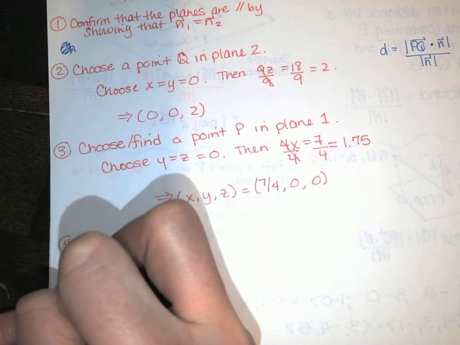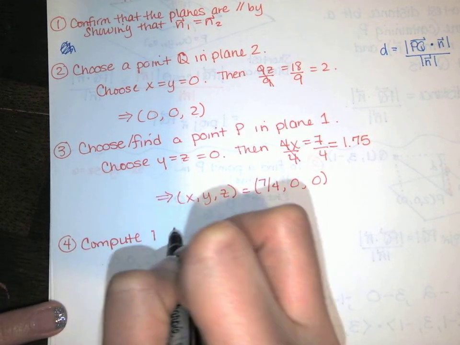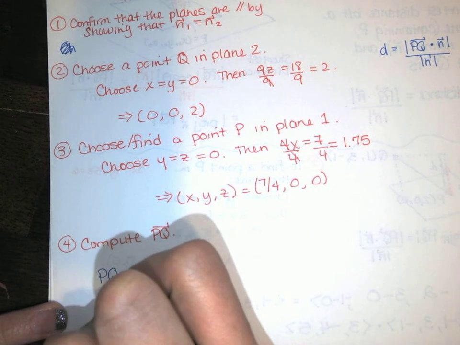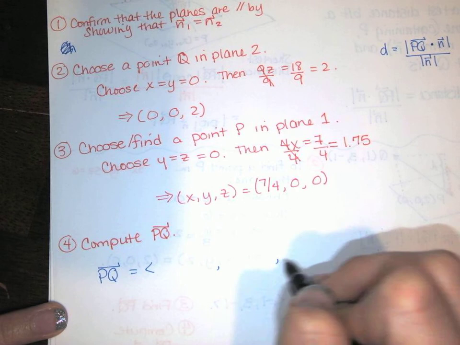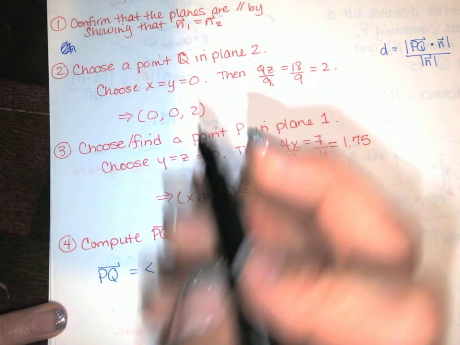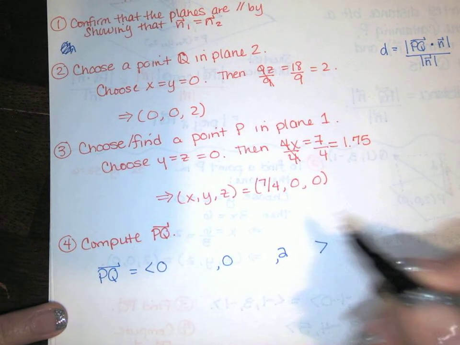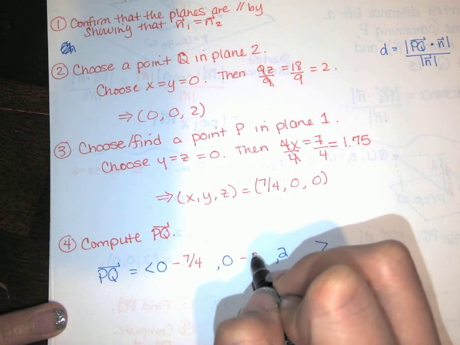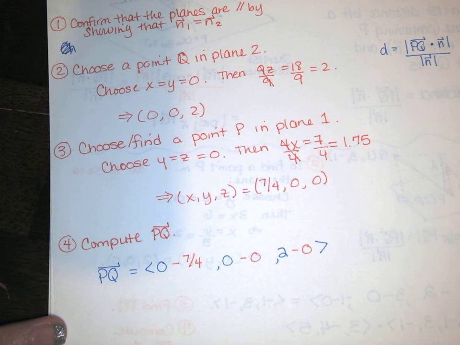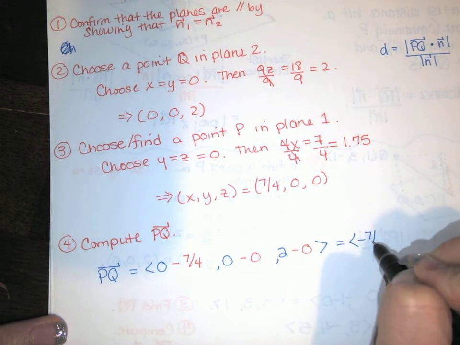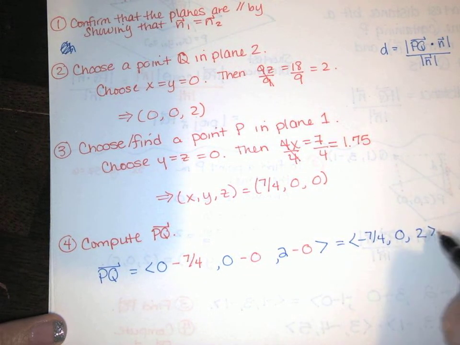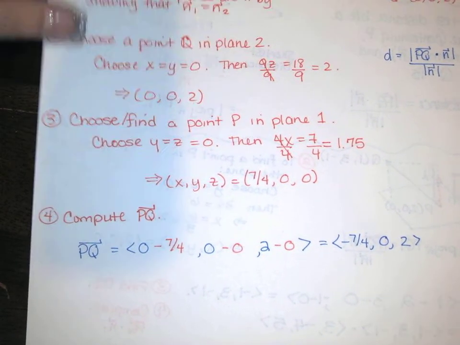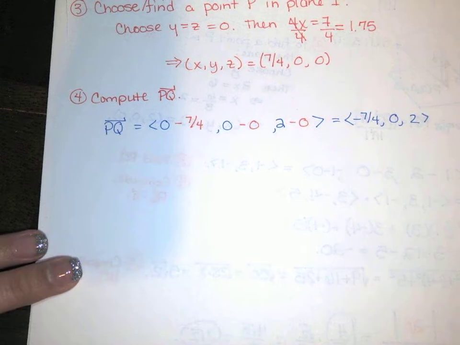So let's compute the vector from P to Q. We start with the coordinates of Q, which were (0, 0, 2), and we subtract the coordinates of P. And so we get (-7/4, 0, 2). And that's our PQ.